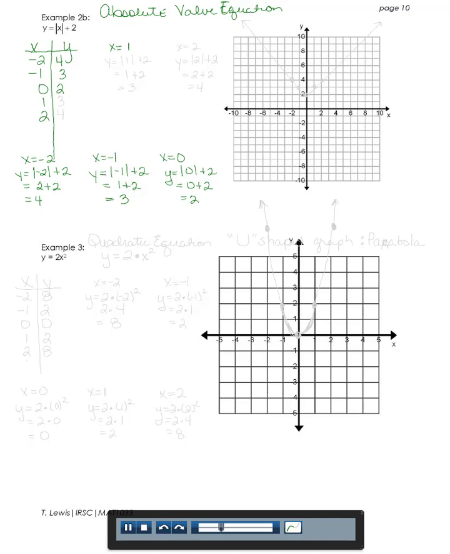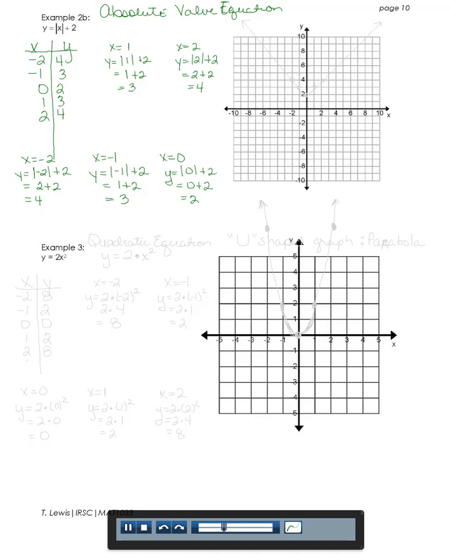Okay? All right, so here we go. Y is equal to the absolute value of 1 plus 2. Well, we know the absolute value of 1 is 1. And then when x is positive 2, what is the solution? When we substitute 2 in there, take the absolute value of 2, which is 2, then we add the 2 to it, so 2 plus 2 is 4. Okay?